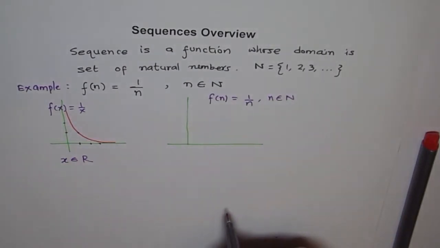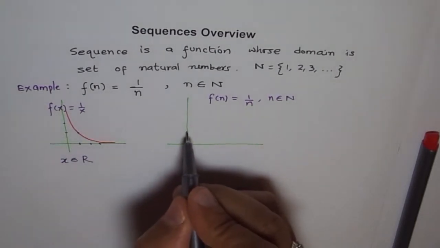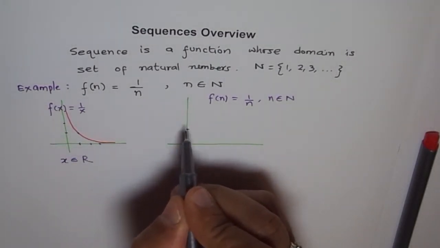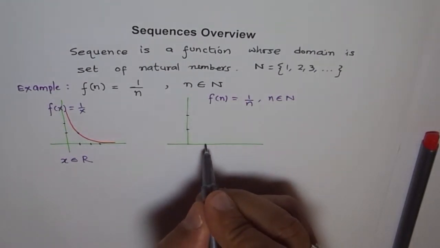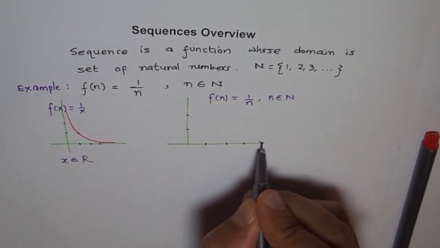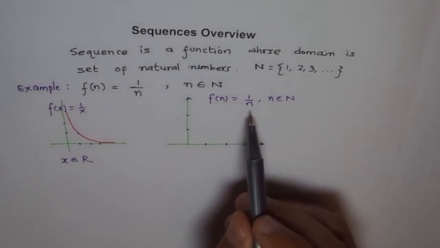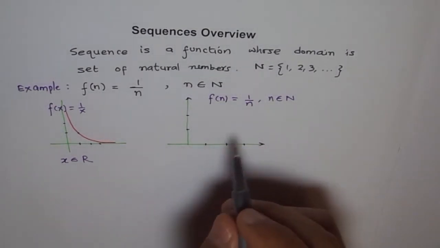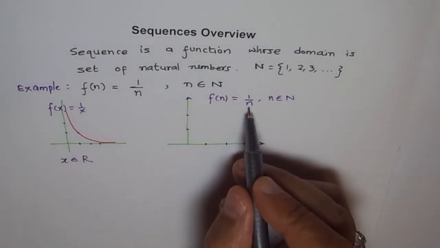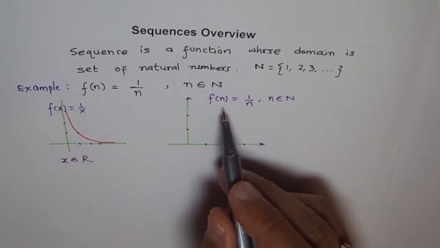Now in that case, let me make a bigger scale of this. Let's say this is our 1, and this is 2. So here we have 1, 2, 3, and so on, correct? Since we can only have natural numbers as our input in a sequence, starting with 1, 0 is not defined for the function which we are considering.